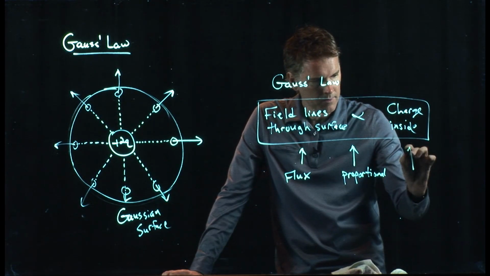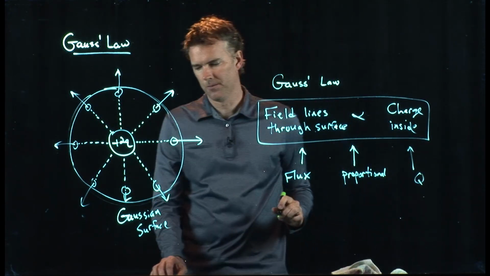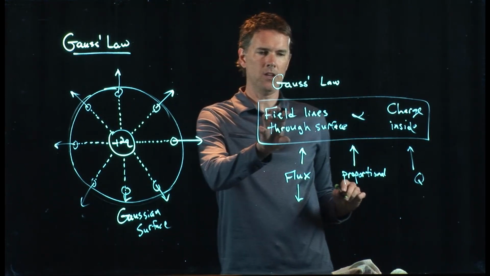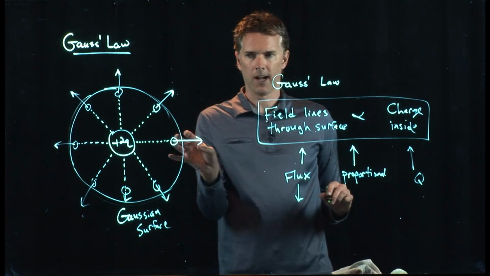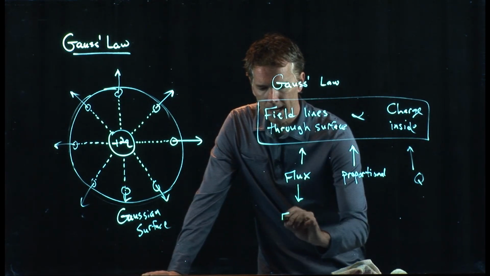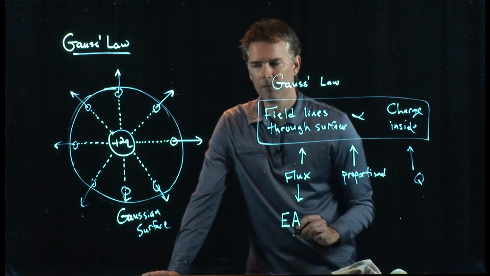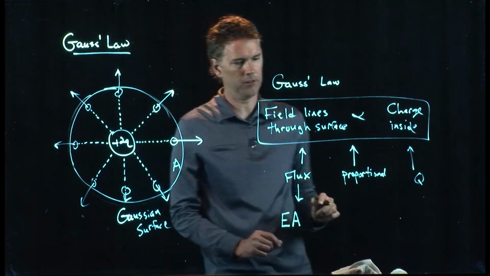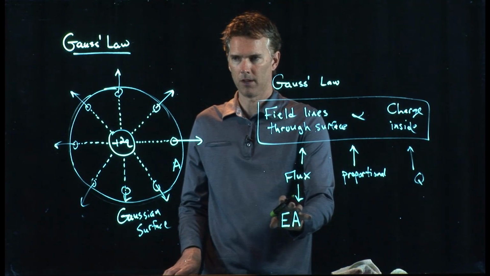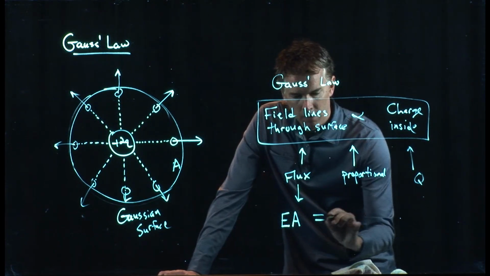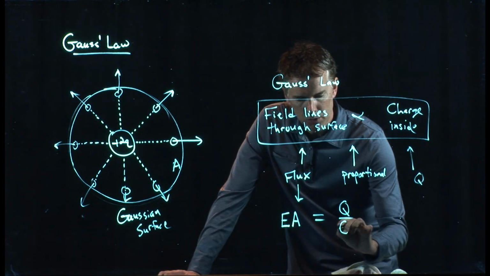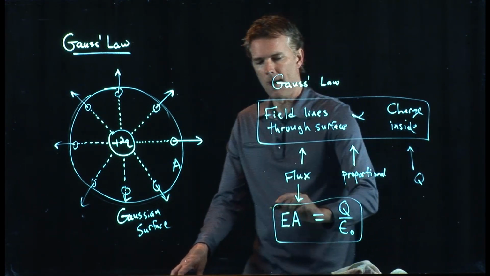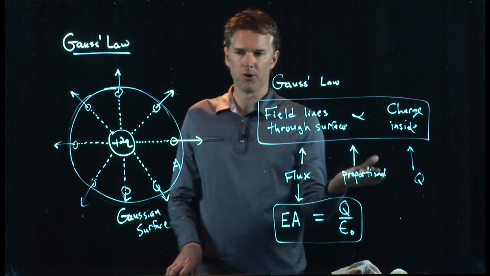That's, of course, our charge Q. All right. But electric field lines is not flux. If I multiply it by the area of the surface, there's some area A of that surface, that is flux. Okay? That is flux, and that is equal to Q over epsilon naught, where epsilon naught is our proportionality constant.